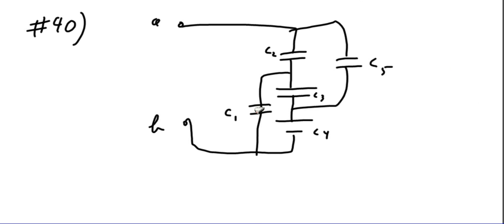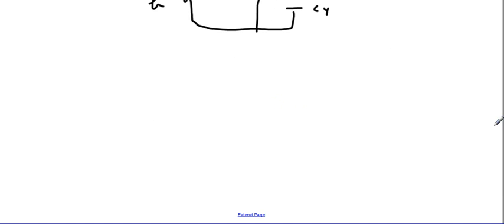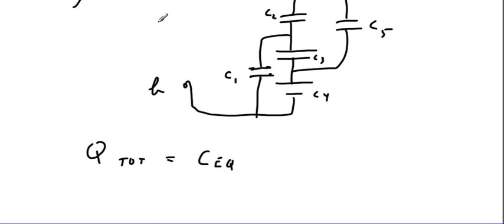I'm thinking about this, and I'm thinking that better not show up on the test. All right, so anyway, I say, well, the total charge is going to be that equivalent capacitance. So we have some voltage between A and B, so we better throw that in, times the voltage.